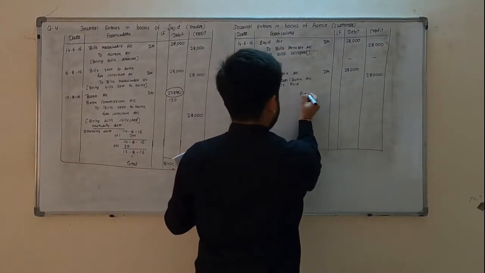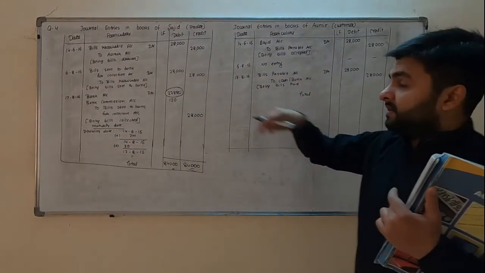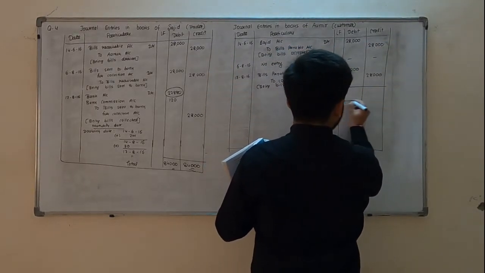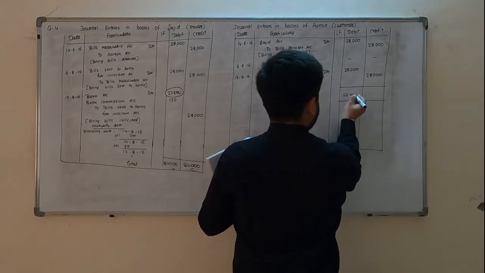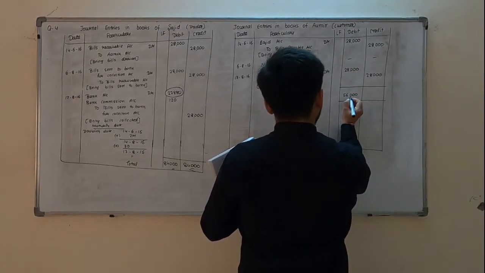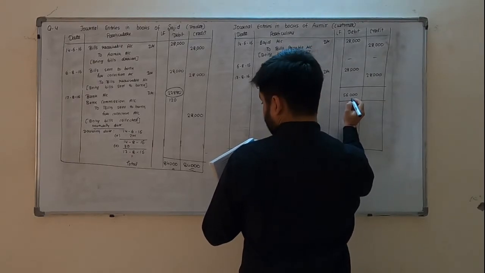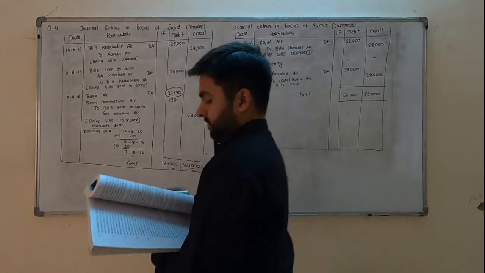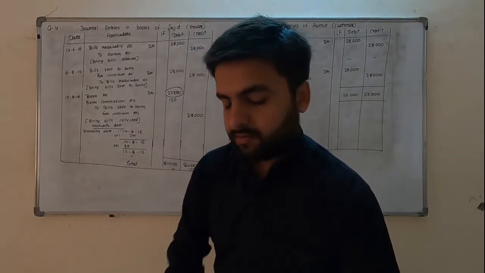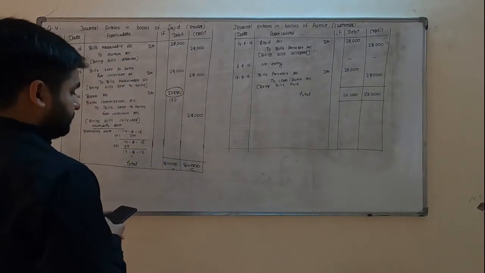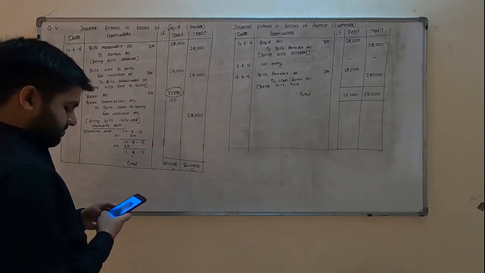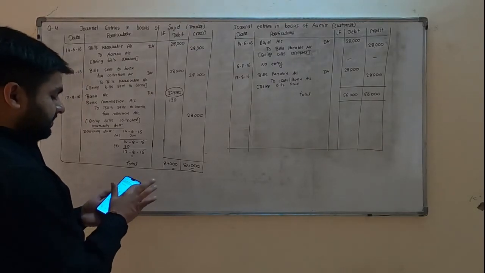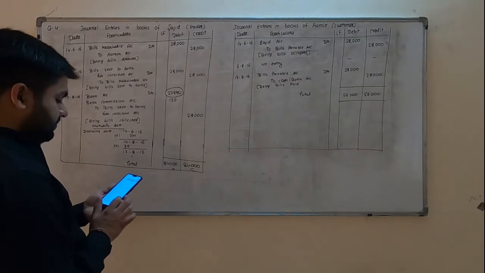Now here the total will not be this, because here 28,000 is coming only 2 times, so it will be 56,000. I think the total is wrong. 28,000 into 3. Yes, the total is correct.